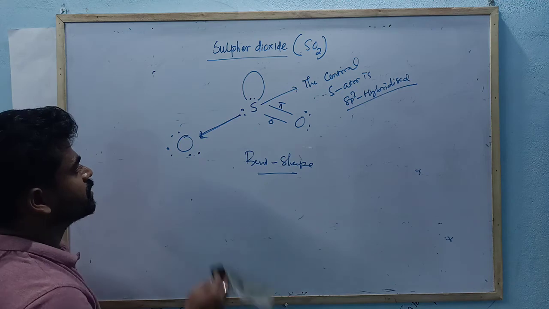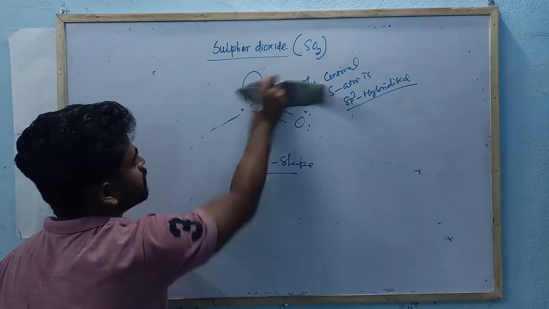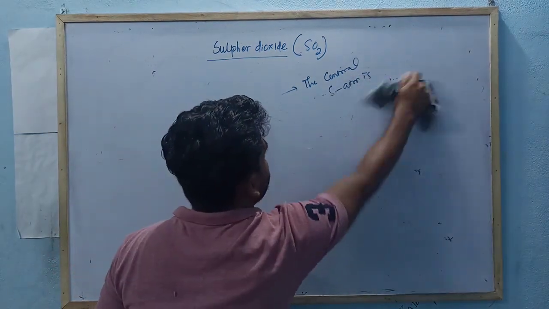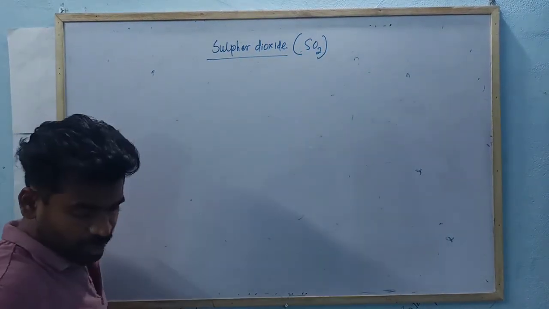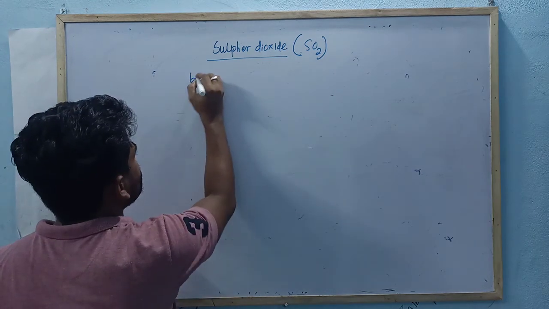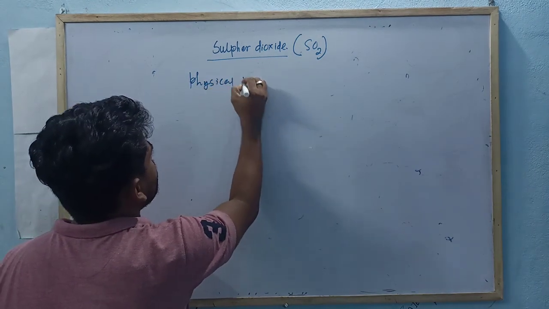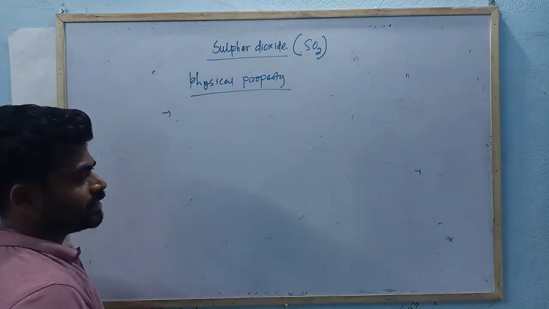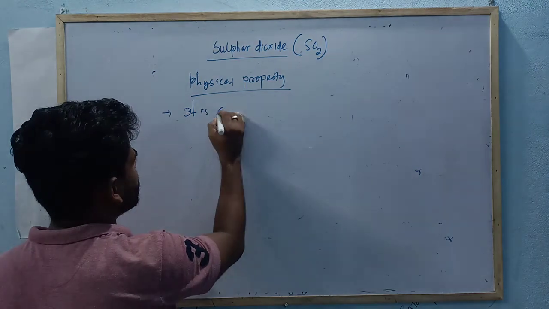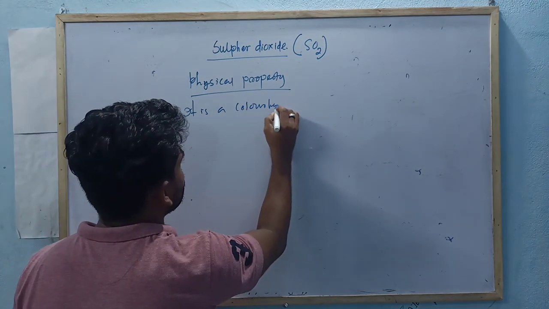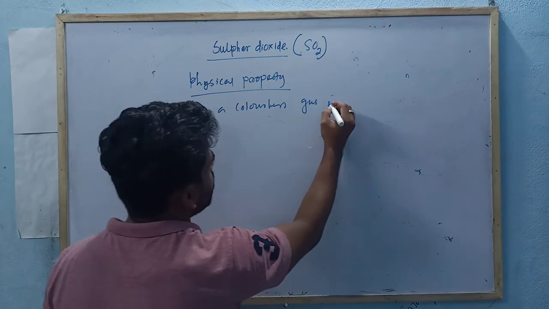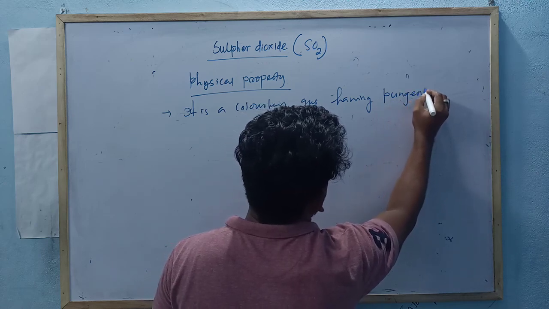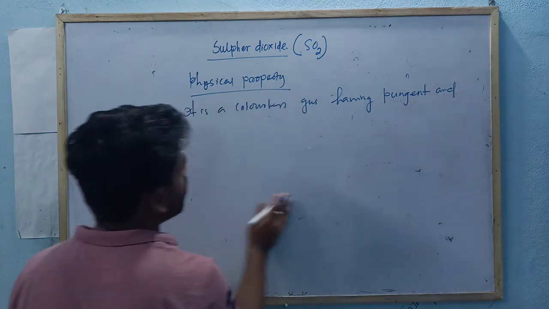Next, we will discuss some of its physical properties. The physical properties of sulfur dioxide: first, it is a colorless gas having a pungent and suffocating odor.